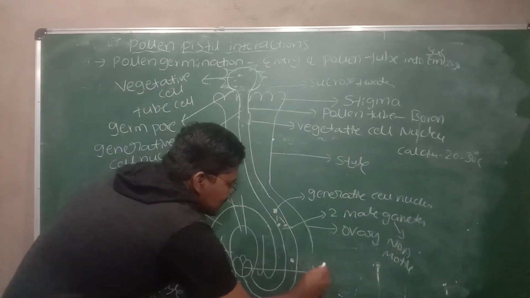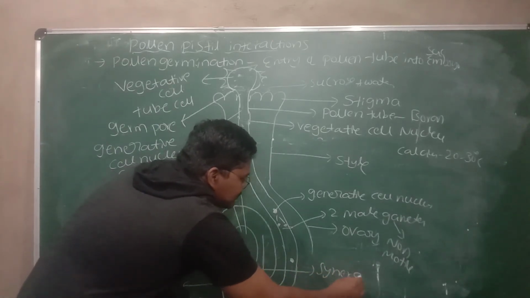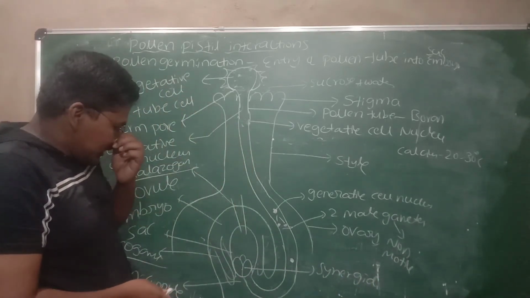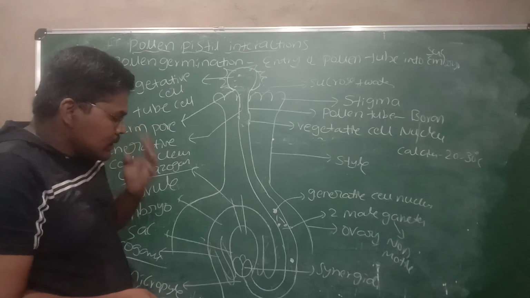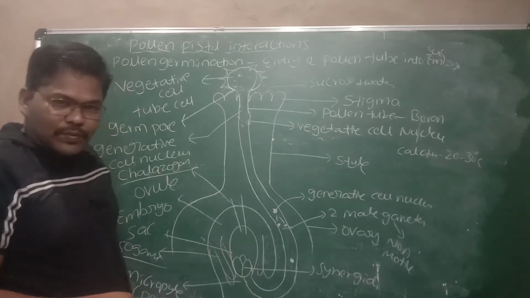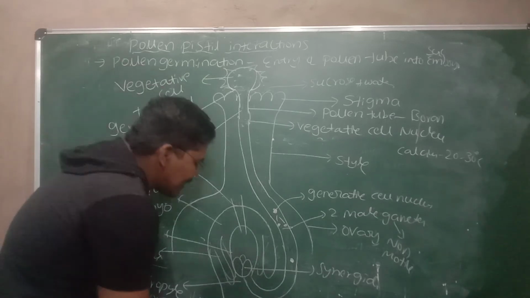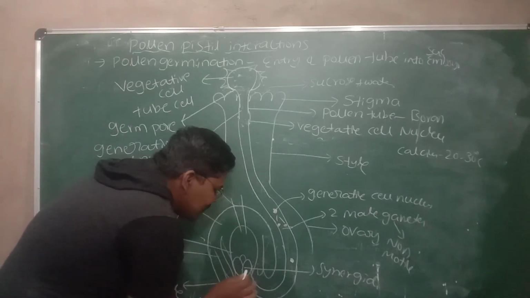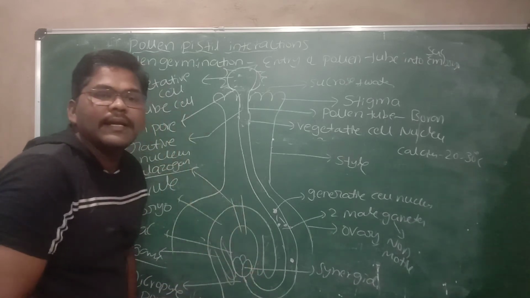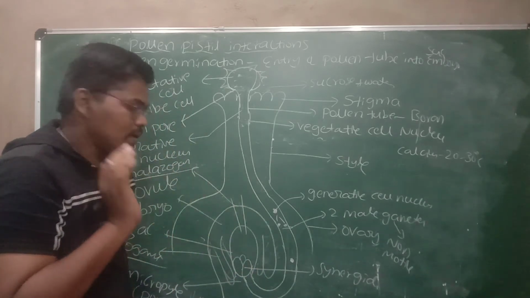This is the synergid. Synergids secrete some type of hormones. Those hormones help the entry of the pollen tube. The hormones are recognized by the pollen tube. After entering the ovule, the pollen tube must enter the embryo sac through the synergid only.